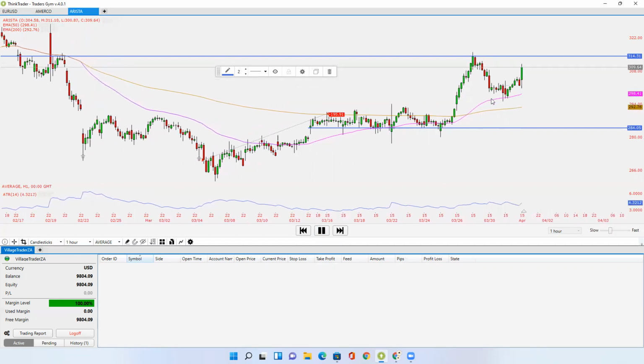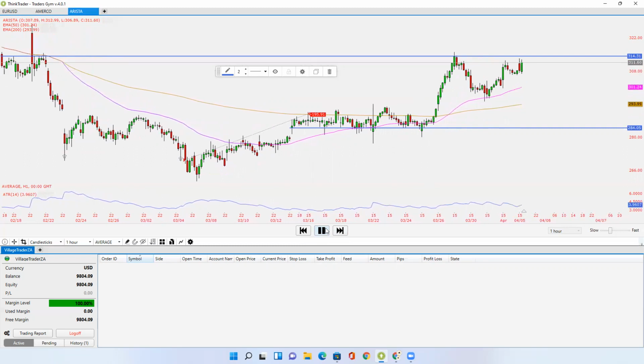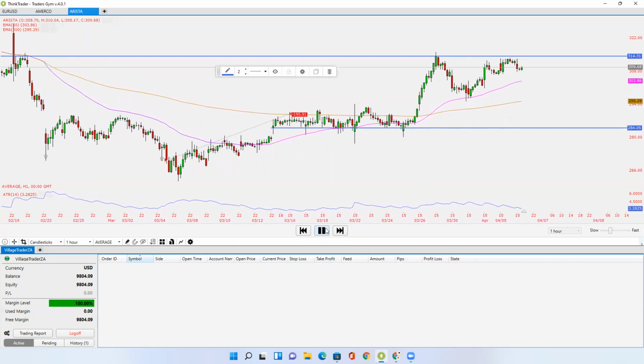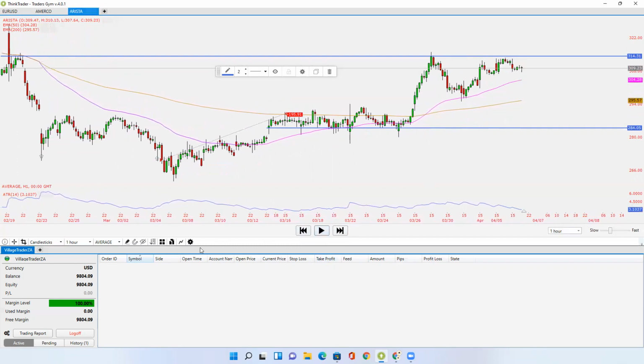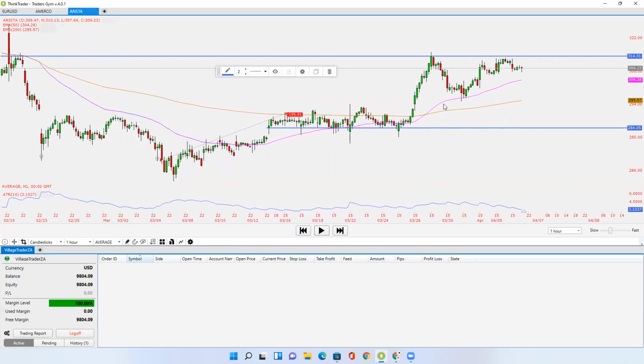Okay. So we have what we call an ascending triangle pattern. Are you familiar with an ascending triangle pattern?